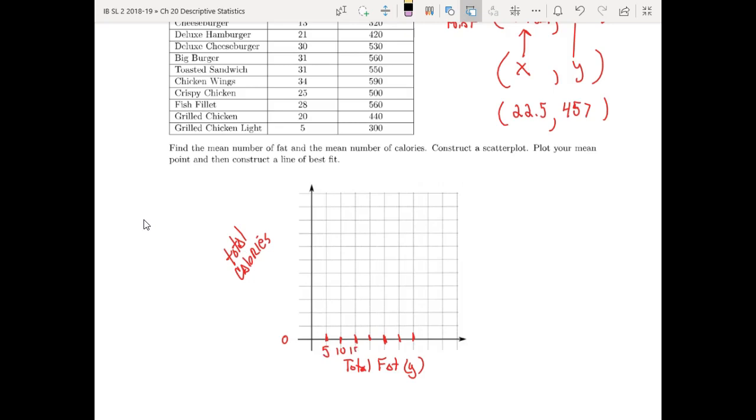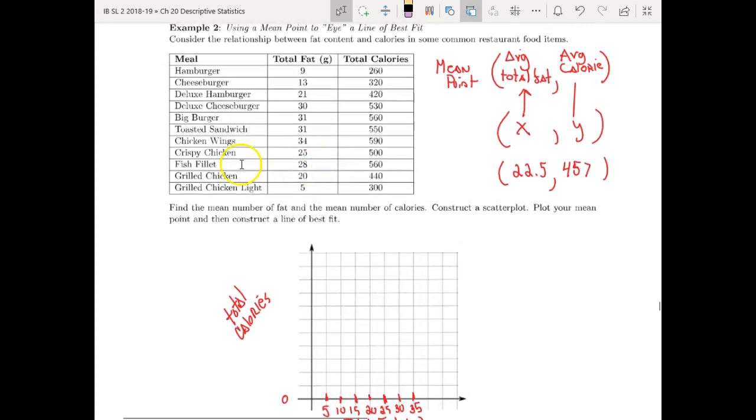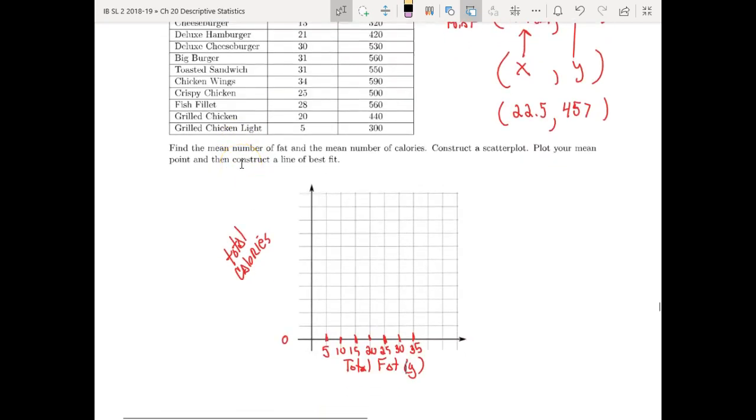We got to get up to at least 600 calories, so what would you do for that? What would you count by? 50?